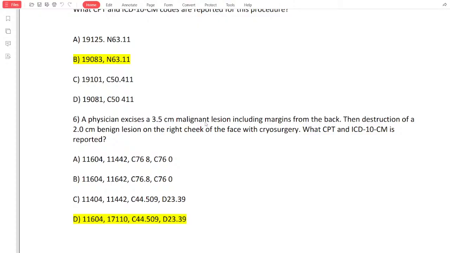There are two surgery-related procedures done, then destruction of the malignant lesion of the upper back. Correct. So there are two procedures they have done.